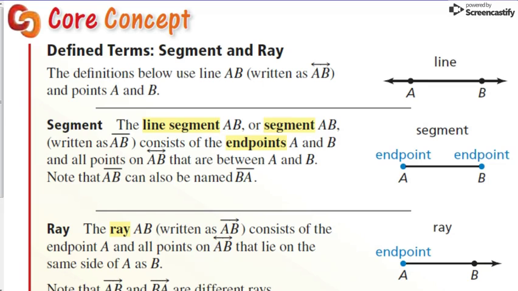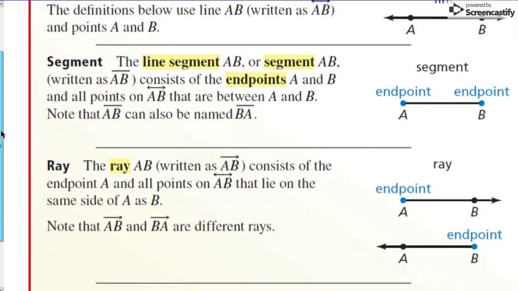And it consists of all points on line AB that are between A and B. Note that AB can also be named as BA. So just as you could for a line, you can name it forwards and backwards for a segment as well.